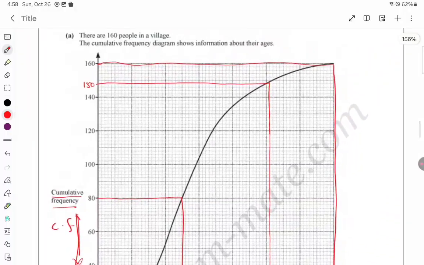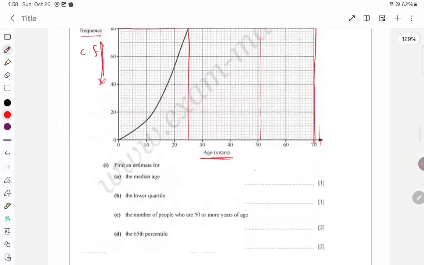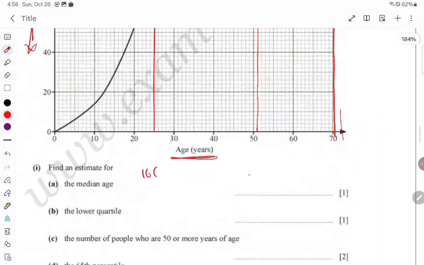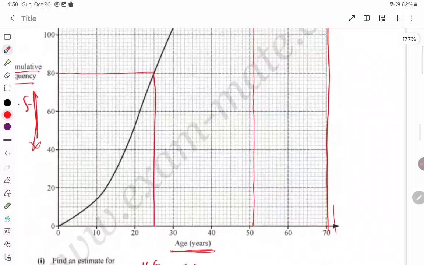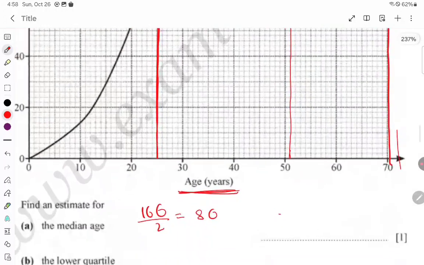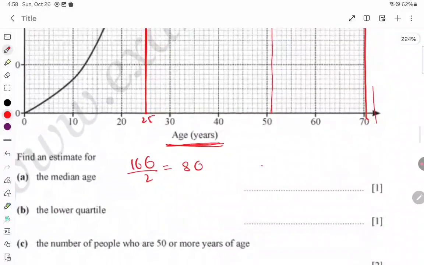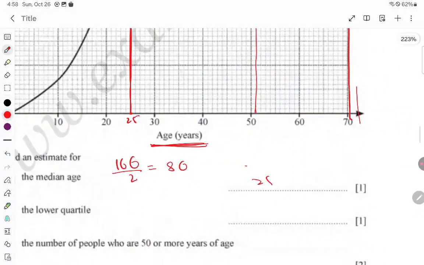Total cumulative frequency 160 divided by 2, we get 80. On the 80, here it cuts the graph, and from the y-axis it is 25. So our answer for the median age is 25.